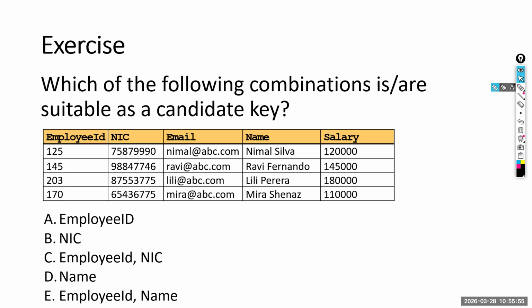Two people or multiple people can have the same name. Of course, multiple people can have the same salary. So therefore, I'll go for employee ID, NIC, right? Employee ID NIC is not a candidate key, it's a super key. Name is not a candidate key. Employee ID name is again a super key. So therefore, for me it's A, comma B.